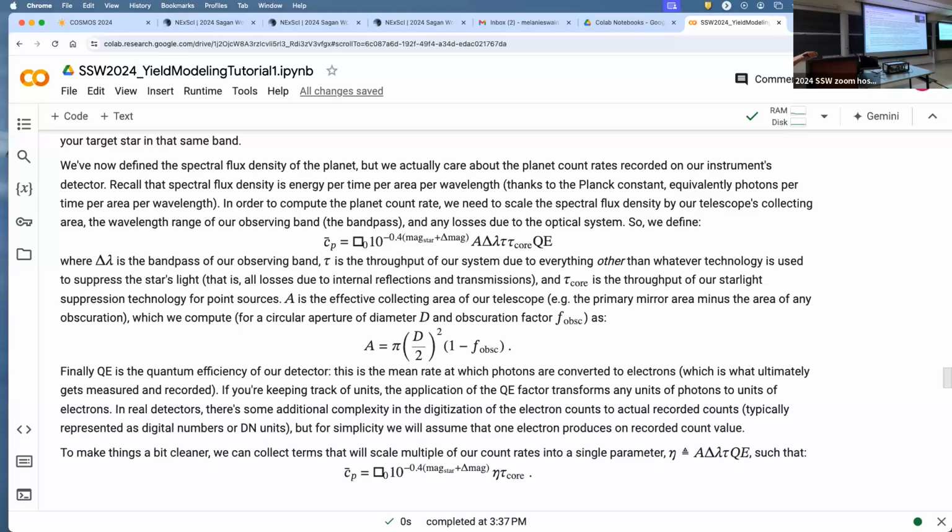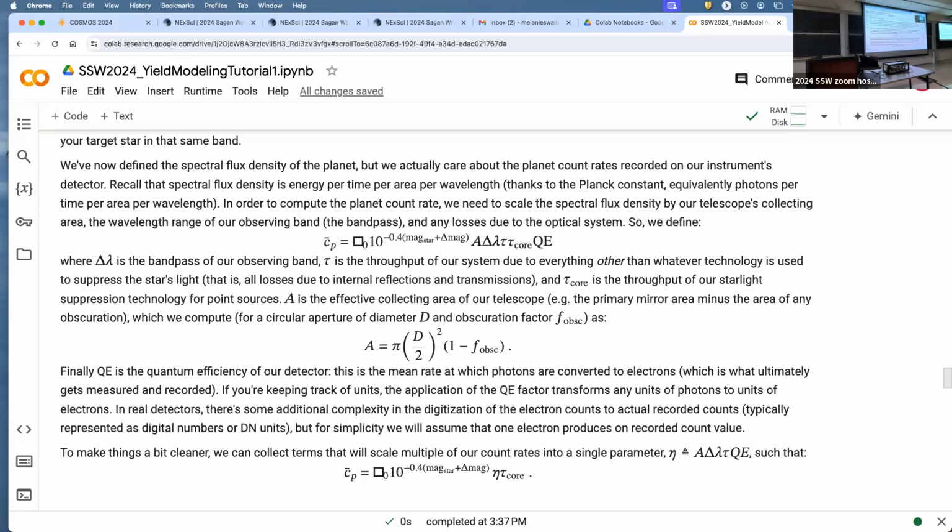Okay, so let me also just say something about the effective collecting area. That's easy to calculate when it's a filled aperture circle, but we've seen a lot of different apertures this week that can be used. And so we're going to define this as we're going to take the diameter of the telescope, and then subtract off whatever that obscuration factor is. So we're looking for that as a fraction, normalized by 1.